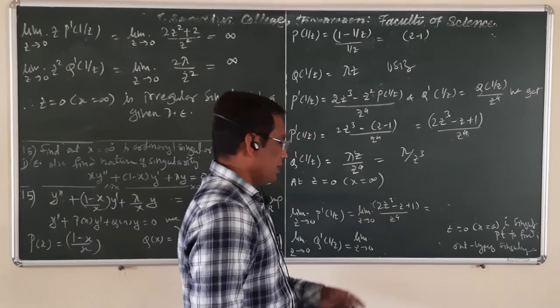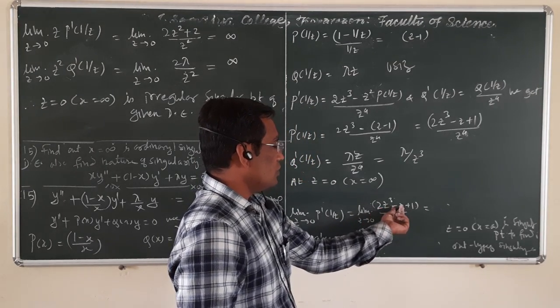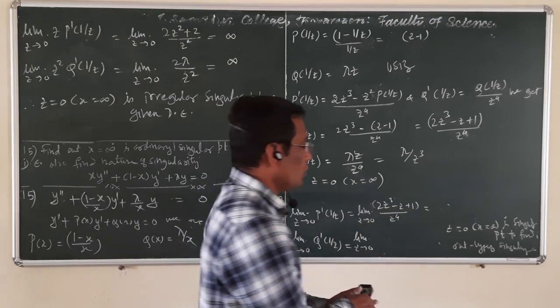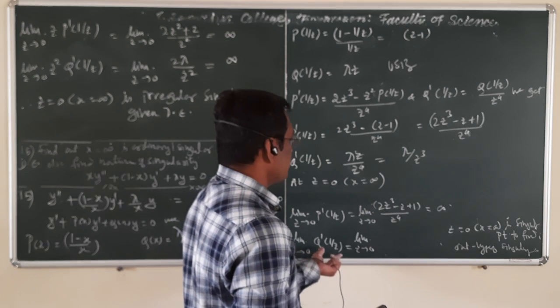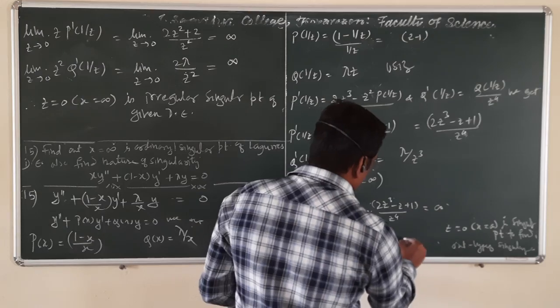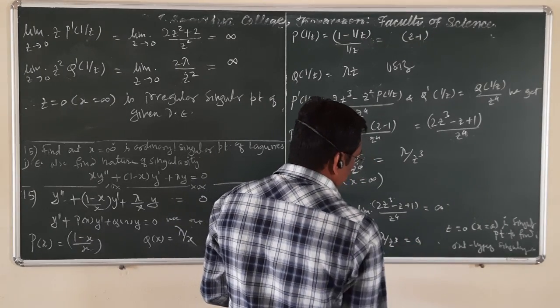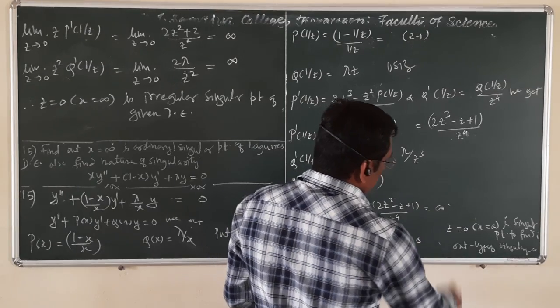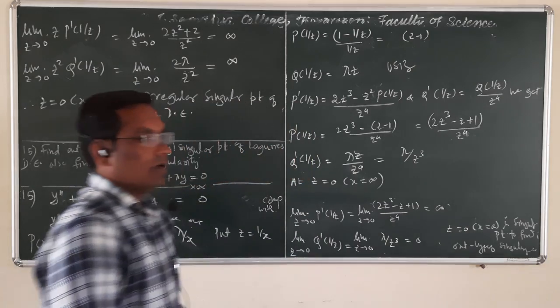If you put Z is equal to 0, we get 1 divided by 0, so this is again infinity. And for Q dash, lambda upon Z cube, if you put Z is equal to 0, this again becomes infinity. Therefore we can say Z is equal to 0, or x is equal to infinity, is a singular point.